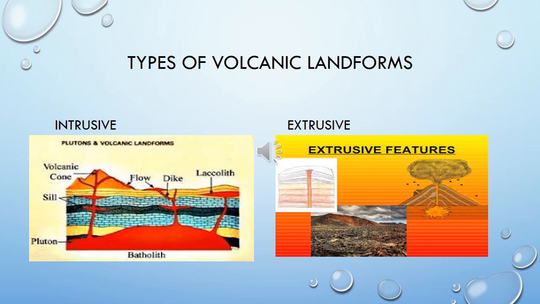The intrusive landforms, on the other hand, are formed inside the Earth. So, for now, only introduction is enough, because we are going to discuss all the intrusive and extrusive landforms one by one in detail in our next class.